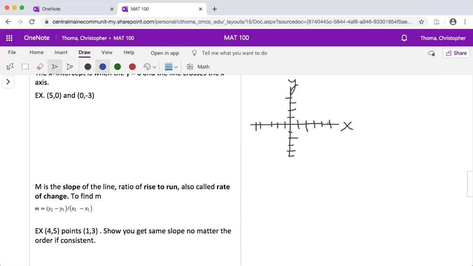So 1, 2, 3, 4, 5, 0. And then my y-intercept is over 0, down 3. This is my y-int because x is 0, and this is my x-int because y is 0. It's kind of backwards. Whatever value is 0, you find the other thing.